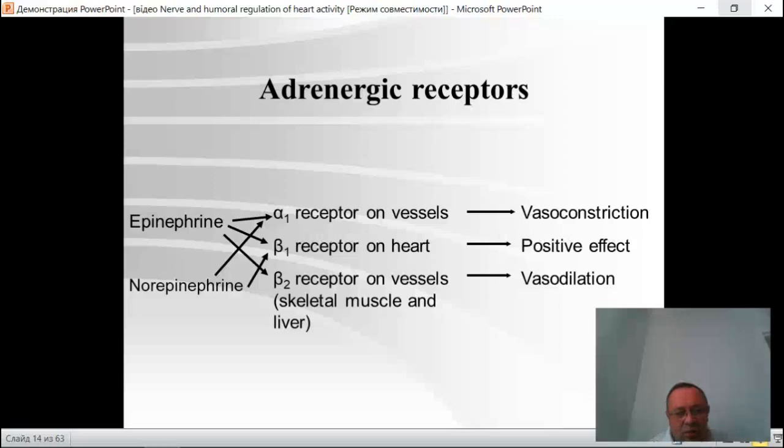Epinephrine and norepinephrine have influence on beta 1 receptors. Like results, they give positive effects: increase heart rate, increase contractility, increase excitability, and increase conduction velocity.